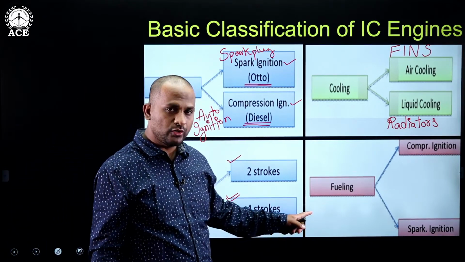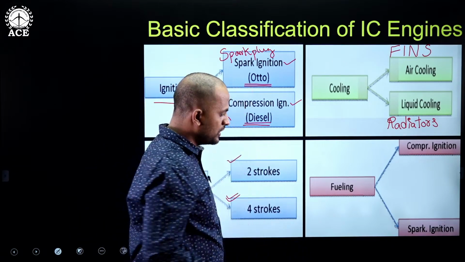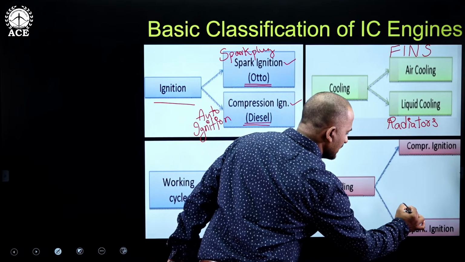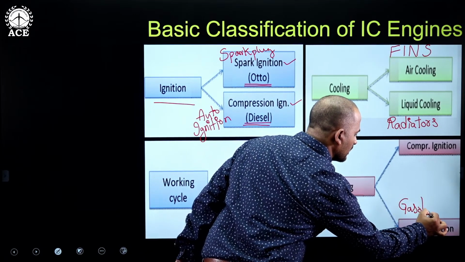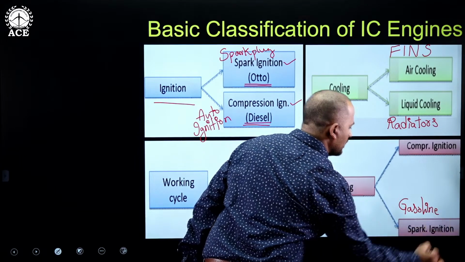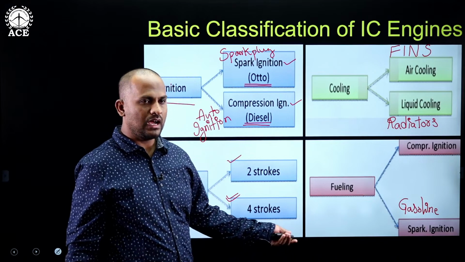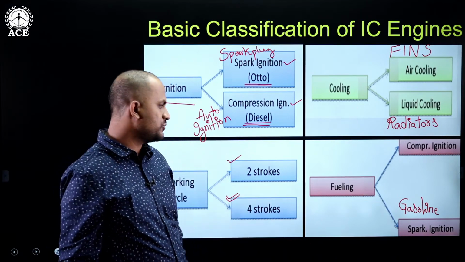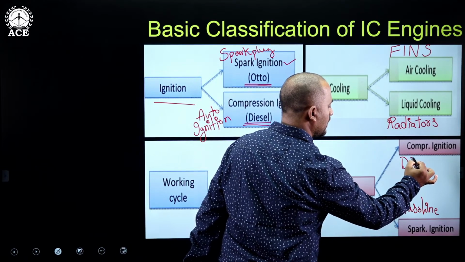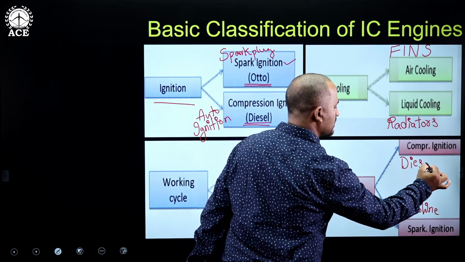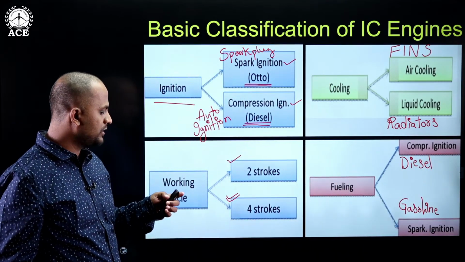Next one is according to the fueling. Fueling is what type of fuel we are using. If an engine is using gasoline or petrol, those engines are called spark ignition engines, and the engines using diesel as a fuel are compression ignition engines.